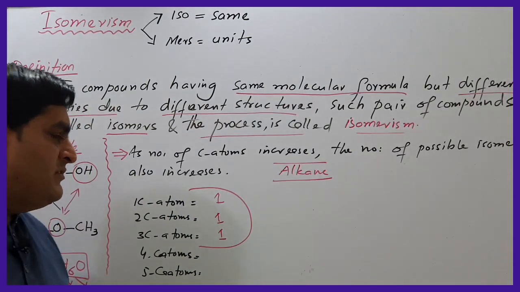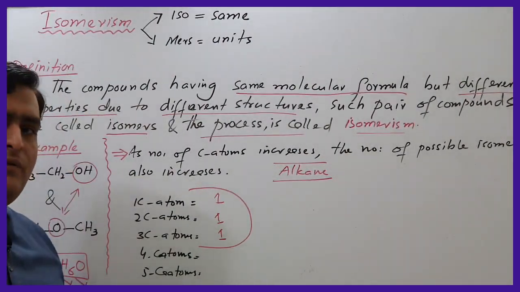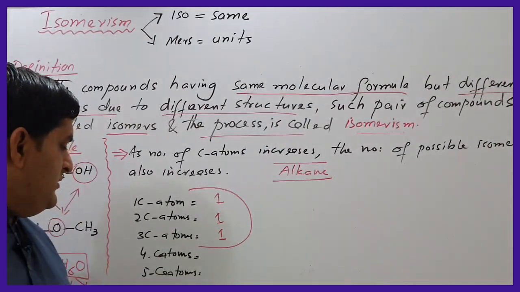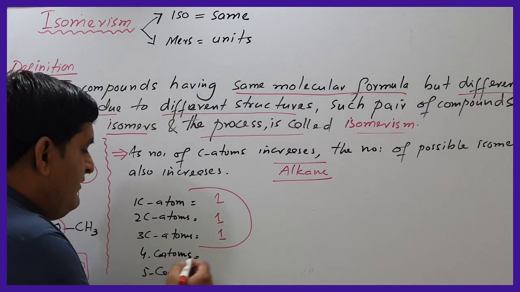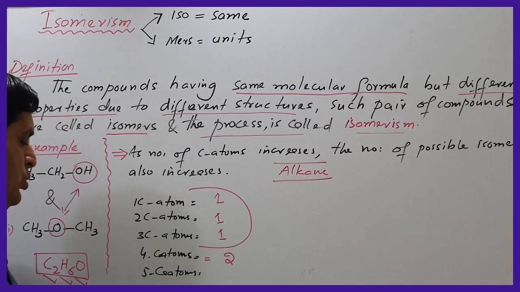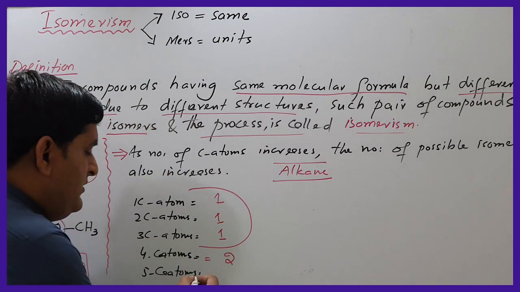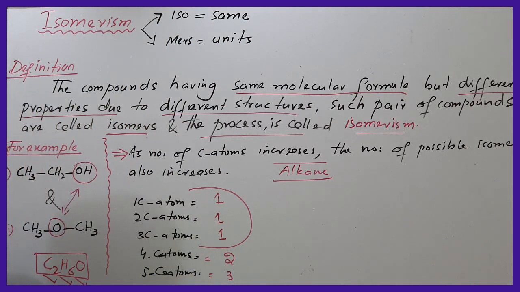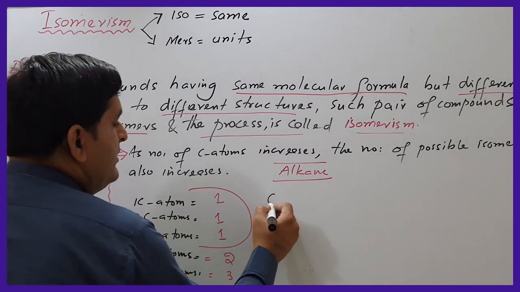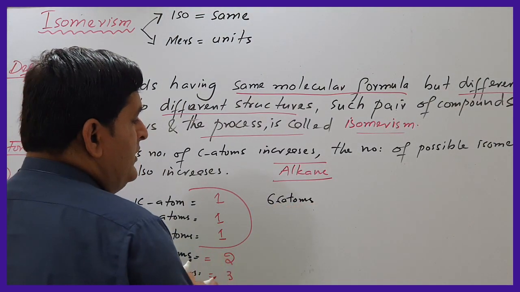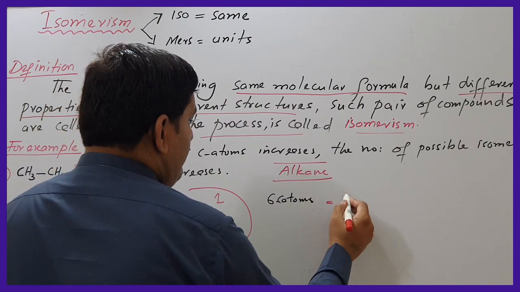They are represented by only one structure. When the number of carbon atoms is 4, the number of possible isomers is 2. When the number of carbon atoms is 5, meaning pentane, the number of possible isomers is 3. Similarly, for 6 carbon atoms, the number of possible isomers is 5.